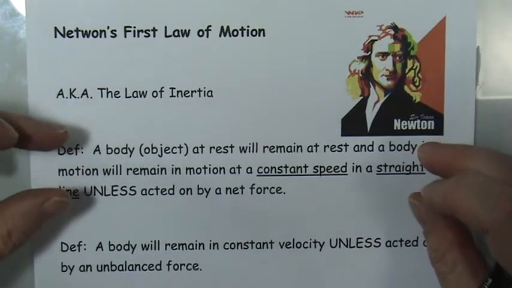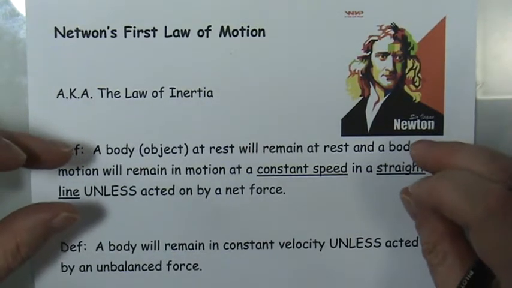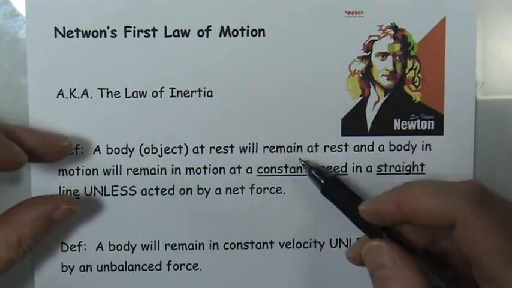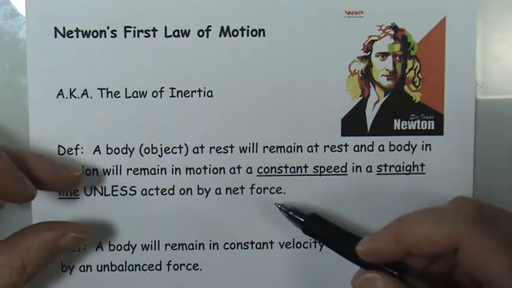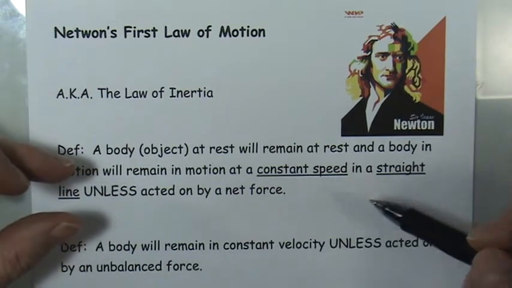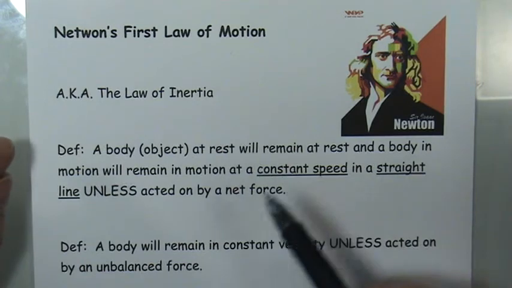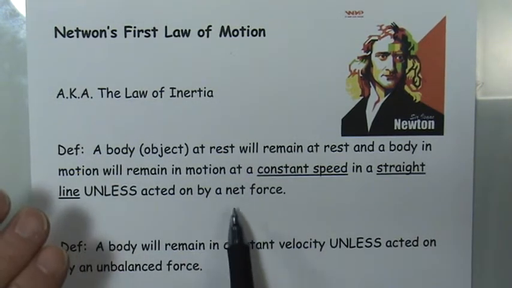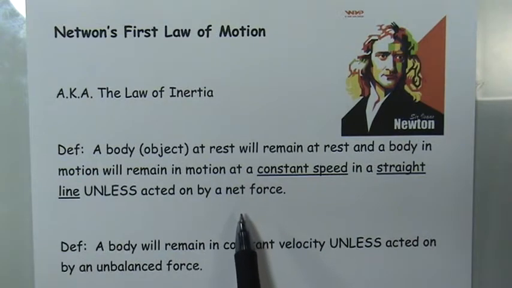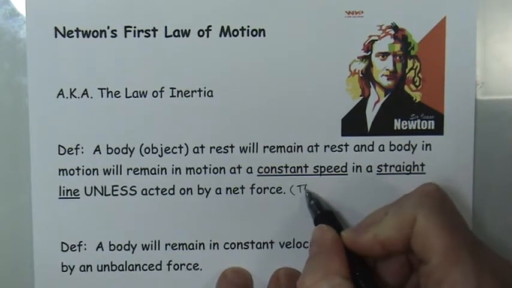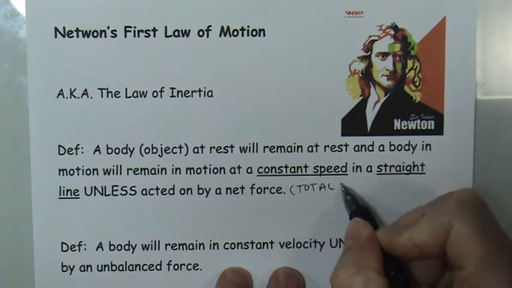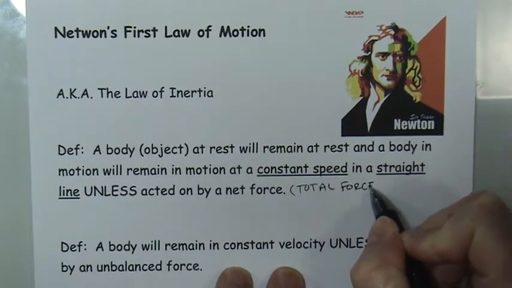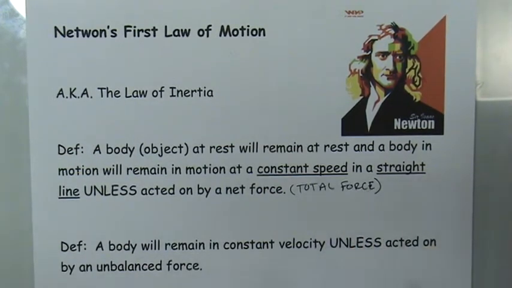And what is going to happen with any object that has mass is that if it was at rest, it's going to remain at rest. And if it was moving, then it's going to keep moving at the same speed in a straight line unless you act on it with a net force. What that net force means is if you add up all the forces, or in parentheses, the total force. You may have some forces pointing to the right and some forces pointing to the left.